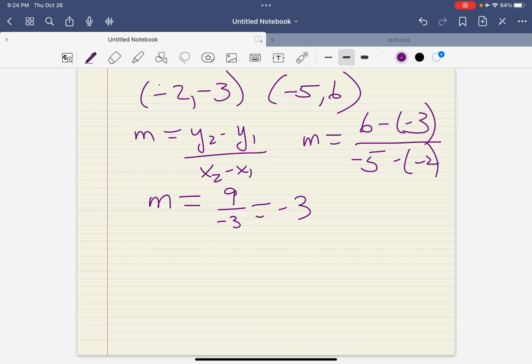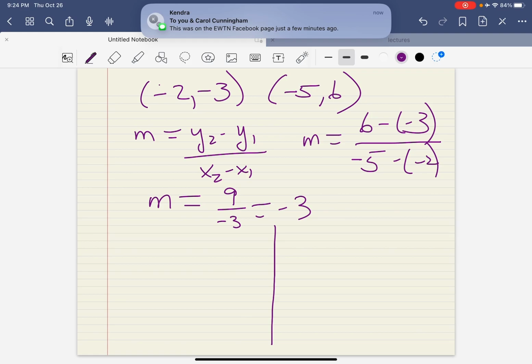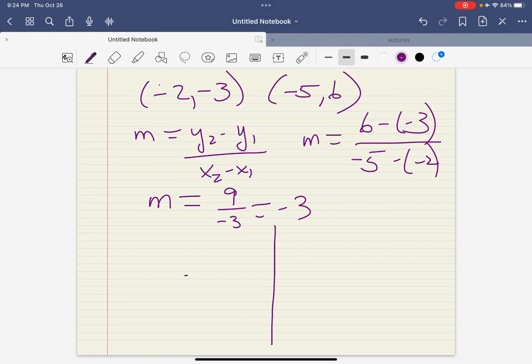And then if we graph those points, we can easily find the distance. So 1, 2, 1, 2, 3. And that's 2, 3, 4, 5, and up 1, 2, 3, 4, 5, 6.